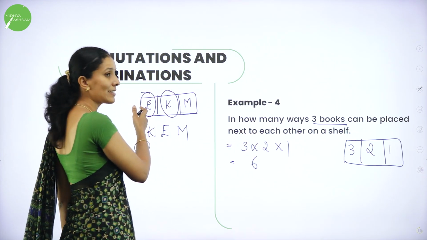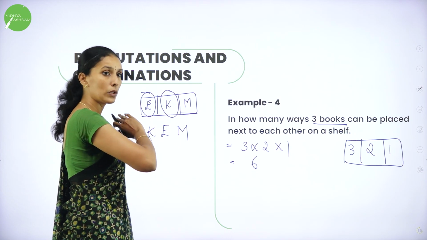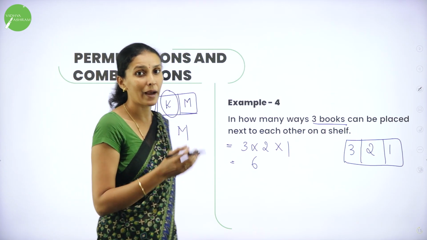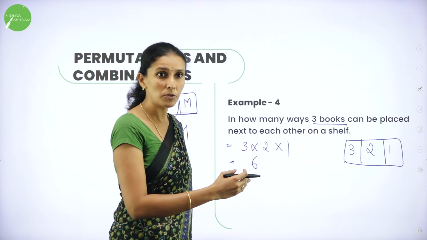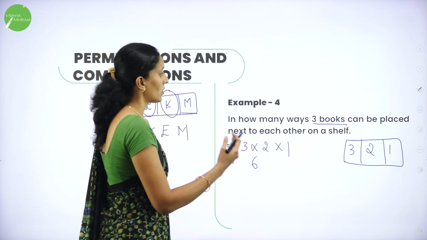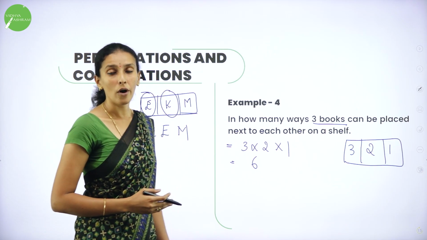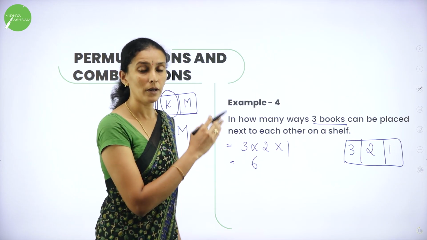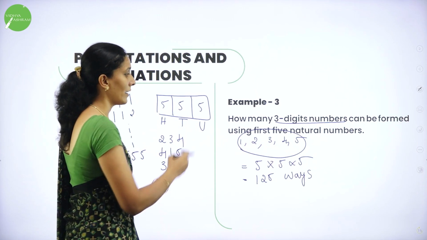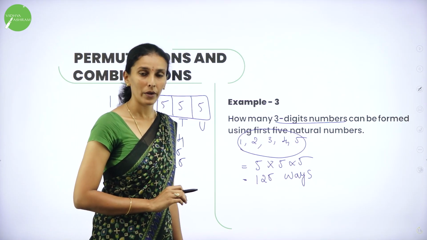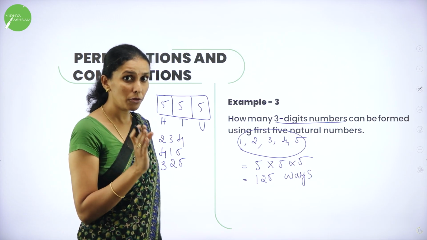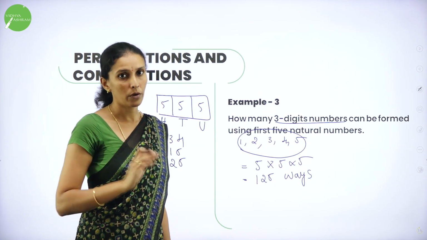Once a place is taken by one object, the other places have to be filled by the remaining objects. So we cannot repeat the digits, objects or letters here. Therefore, this is an example of permutation without repetition, and the earlier one is an example of permutation with repetition. I think you have understood what we mean by repetition and without repetition.